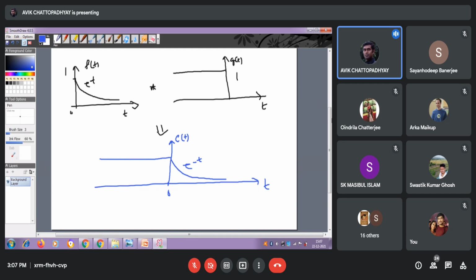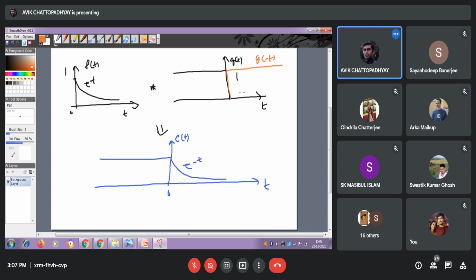Why? Just think of it like this. You just think this is the flipped version, g of minus t. Just after flipping, if you multiply these two, you are getting some value.